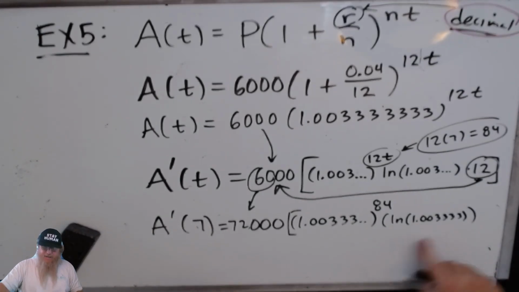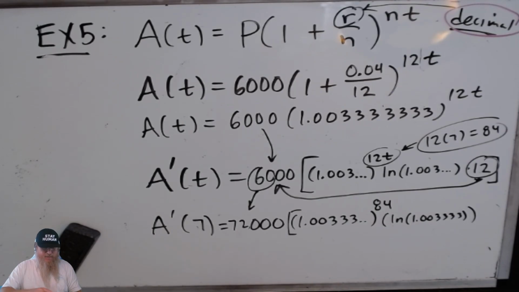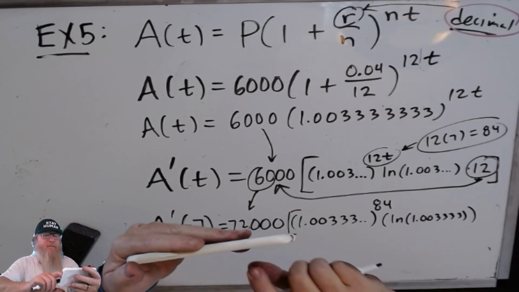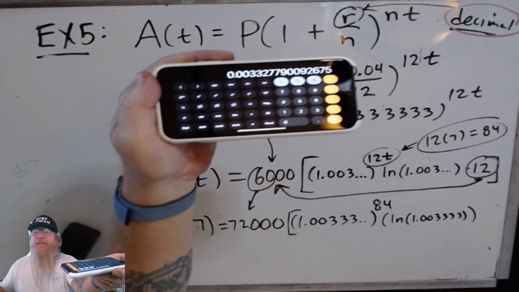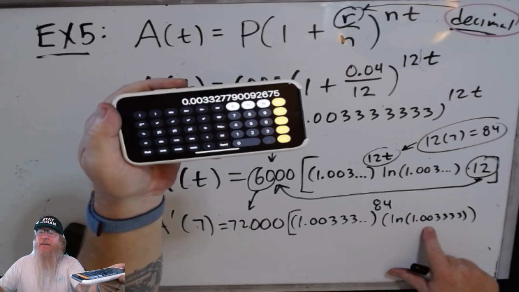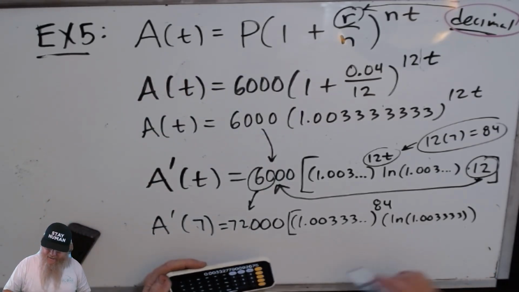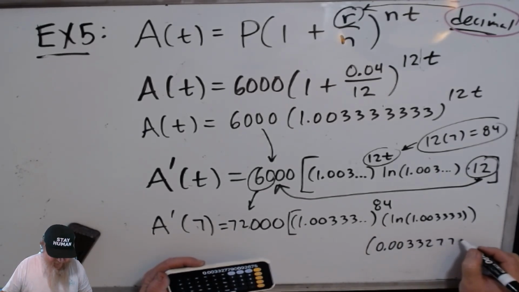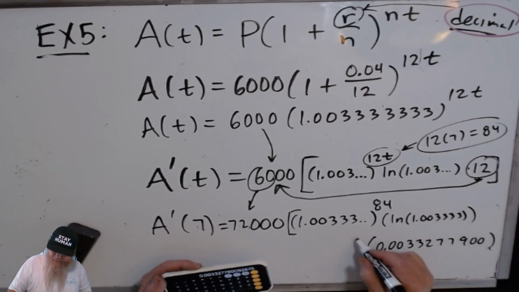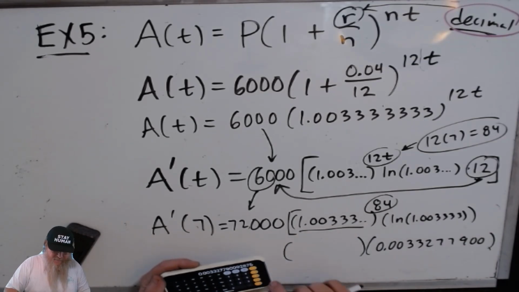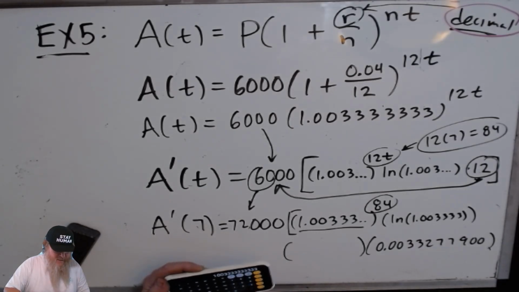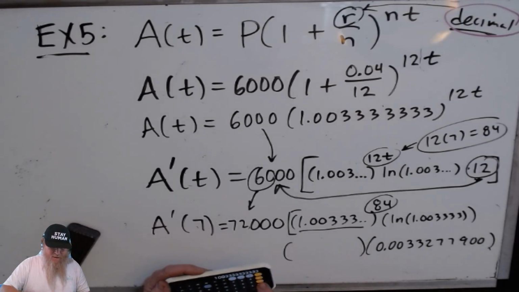All right, let's start here. Actually, it's not a bad idea just to keep that whole thing on your calculator. And then you got your ln. There's your ln. Now I'm gonna write that down in case I screw this up. 0.0033277900 blah blah blah. And now I'm gonna do this to the 84th power, so times 1.0033333333 to the 84th power.